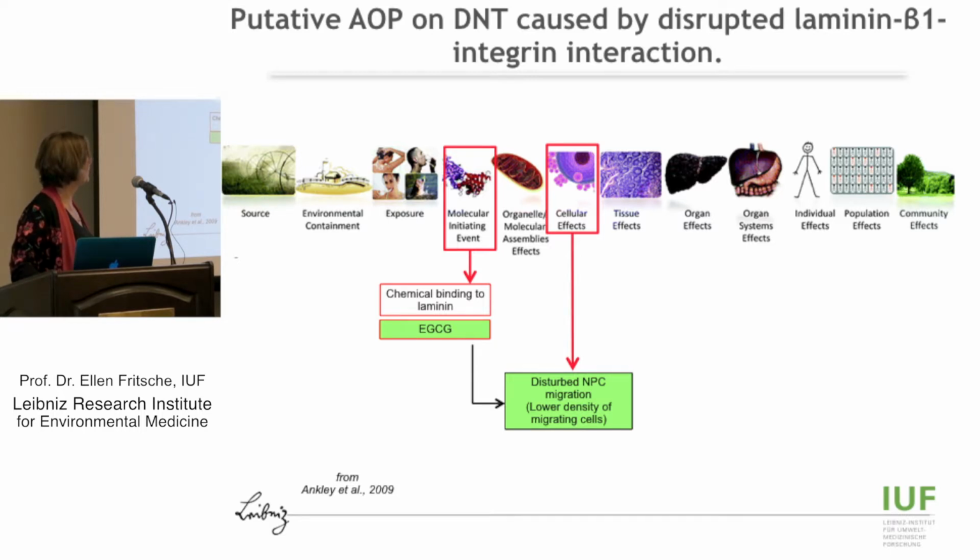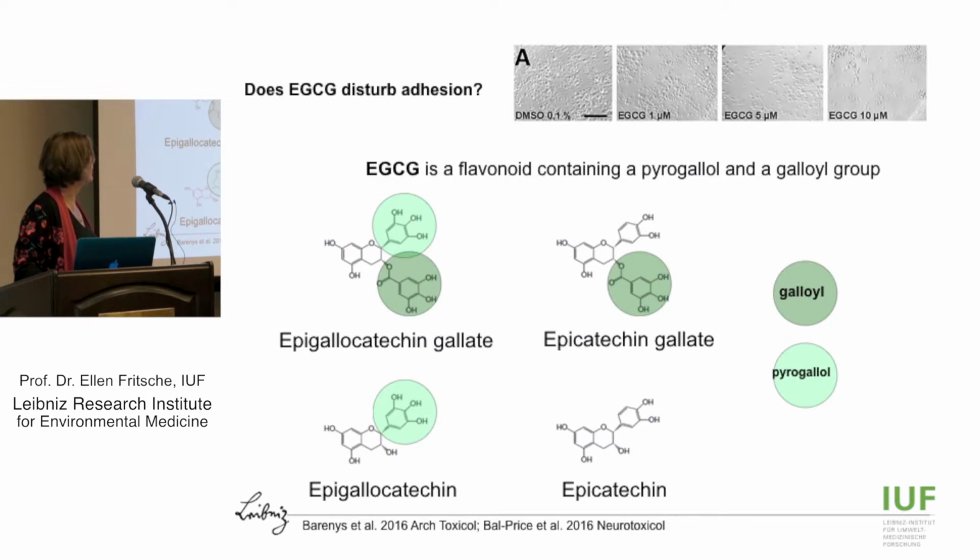So the question is, if this is true, how does the chemical do it? EGCG is a flavonoid which has a pyrogallol and a galloyl group. These are these two groups here. So we used structural analogs of this compound that have less of these groups. The epicatechin gallate, it's also in green tea, has only a galloyl group.